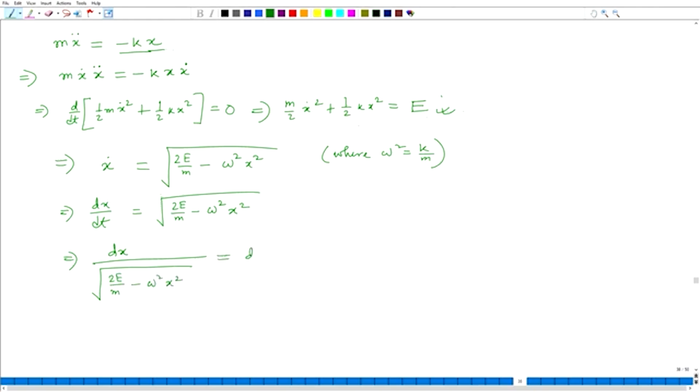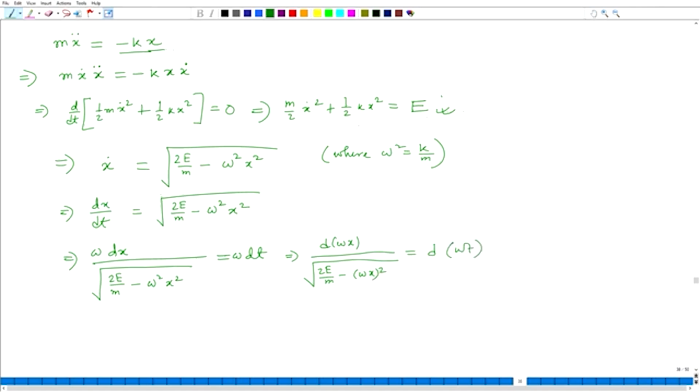I also multiply with this constant omega on both sides, and then I say d of omega x by root of 2E by m minus omega x whole square is equal to d of omega t.